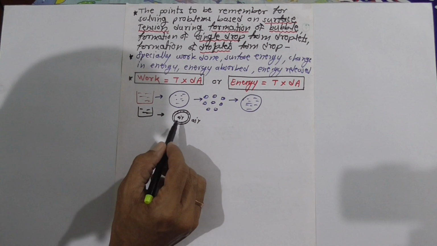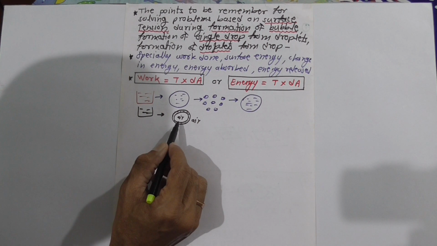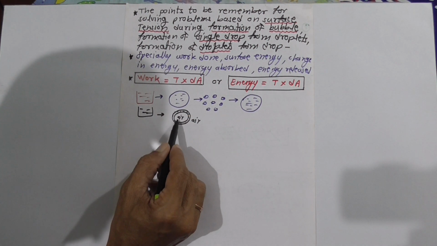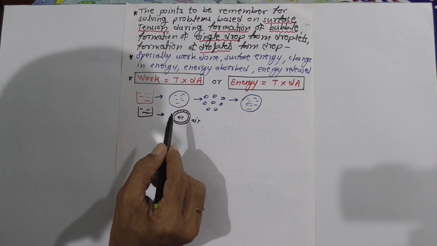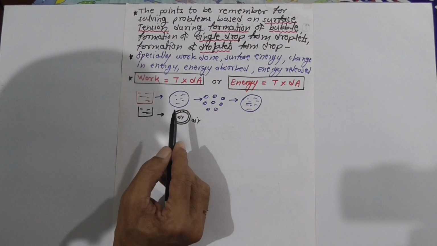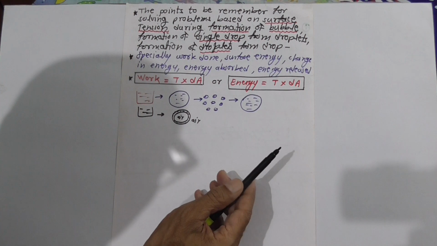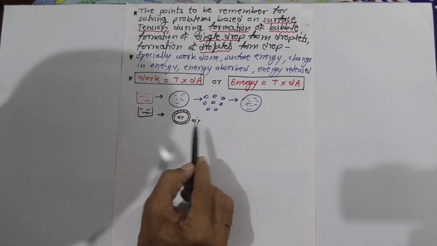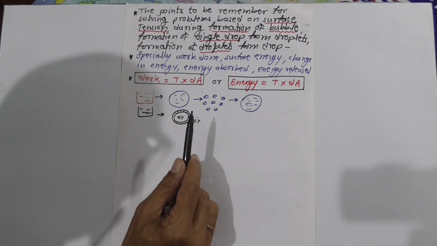This means the soap bubble consists of two surface areas. During all this process, some work is done here also. We have to discuss all these points in the upcoming topics, and the problems related to this topic as well.